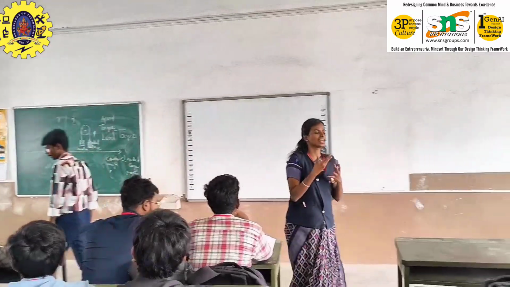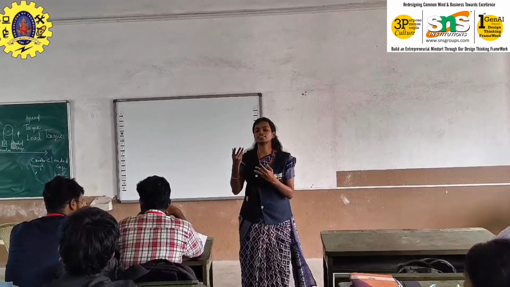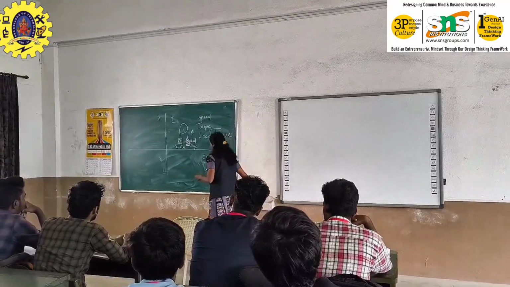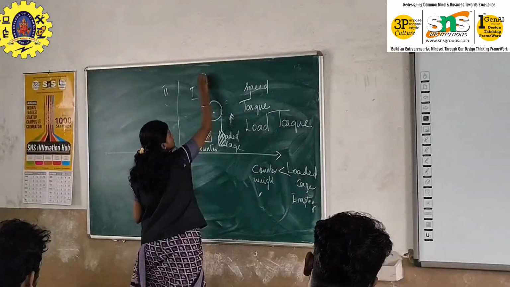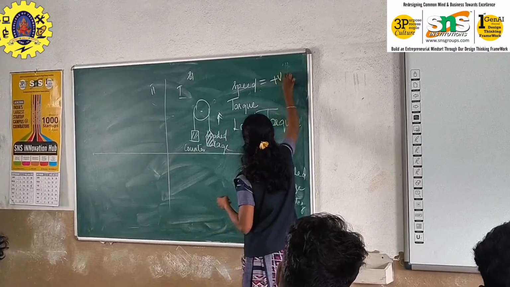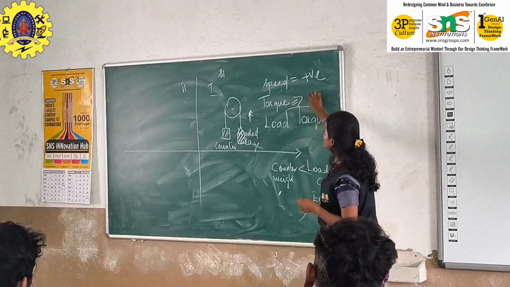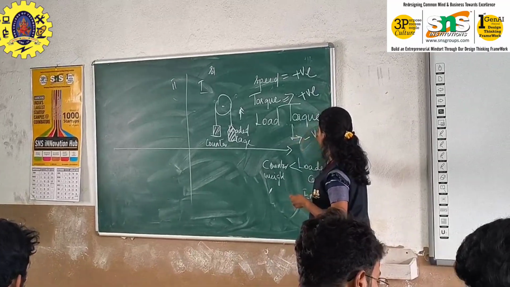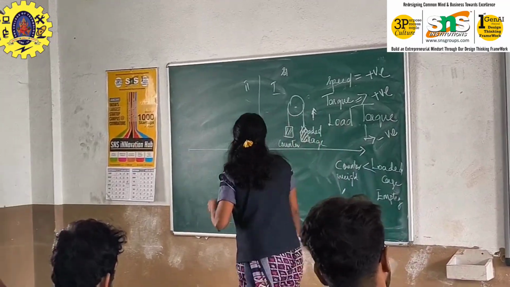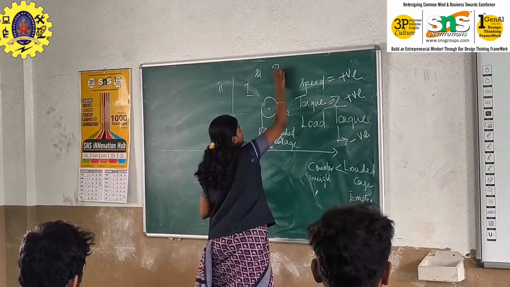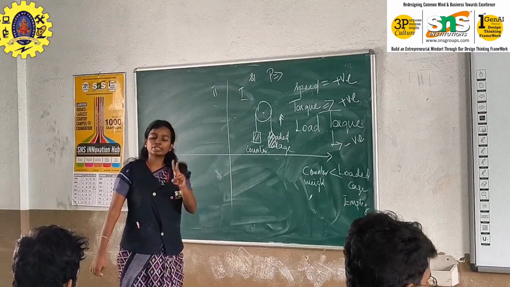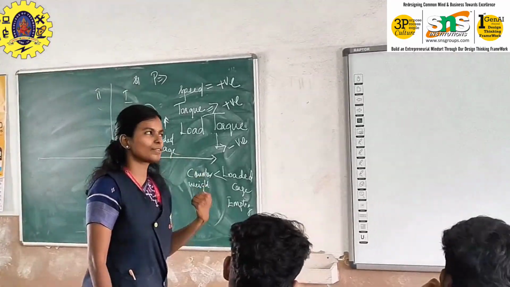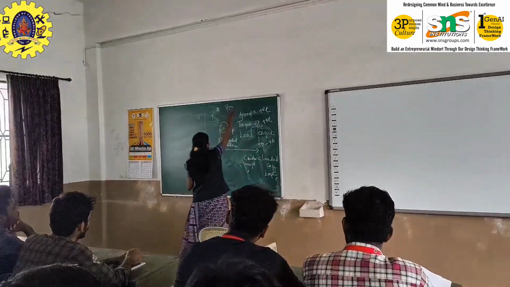So likewise, we can go for the second quadrant also. One thing to know here is that your speed is positive since it's in the anti-clockwise direction, and your torque is positive since it's anti-clockwise. So what about your power here? Speed into torque is your power. What is speed into torque? Positive.